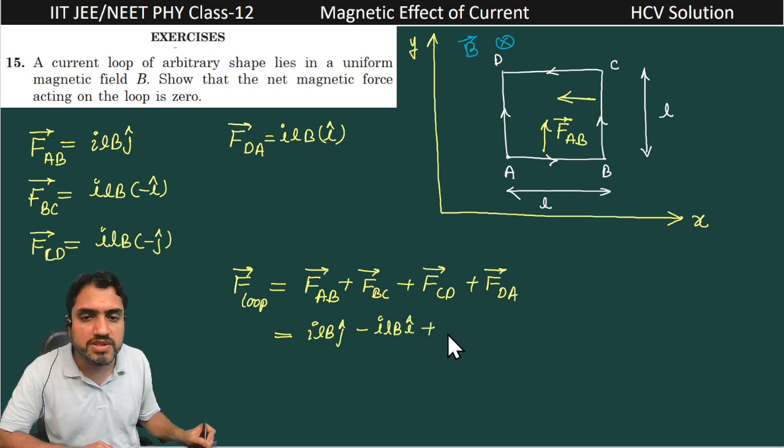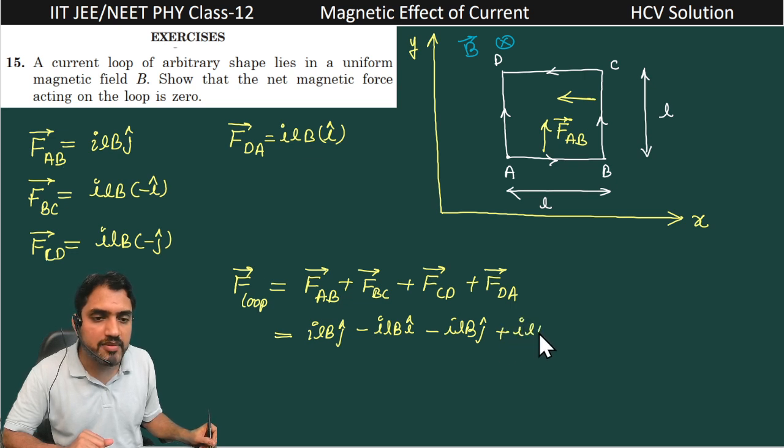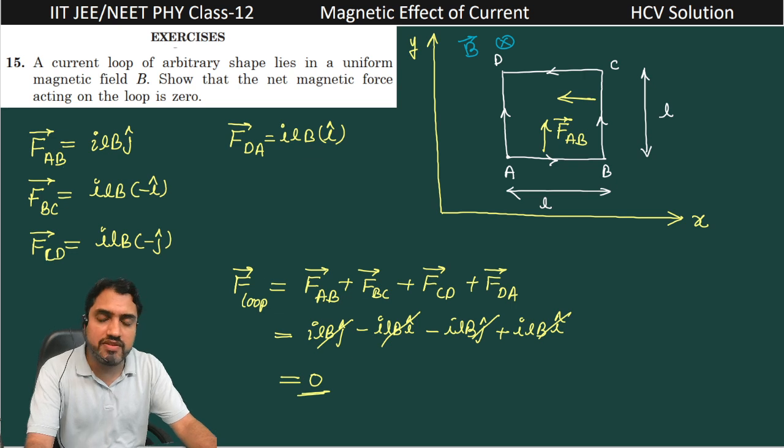The third force is minus ILB J cap, and the last is plus ILB I cap. So the I cap terms will cancel out, the J cap terms will also cancel out, and the net force we find is equal to 0. So you can say that for any kind of arbitrary loop, the net force on the loop when it is placed in a uniform magnetic field is equal to 0.